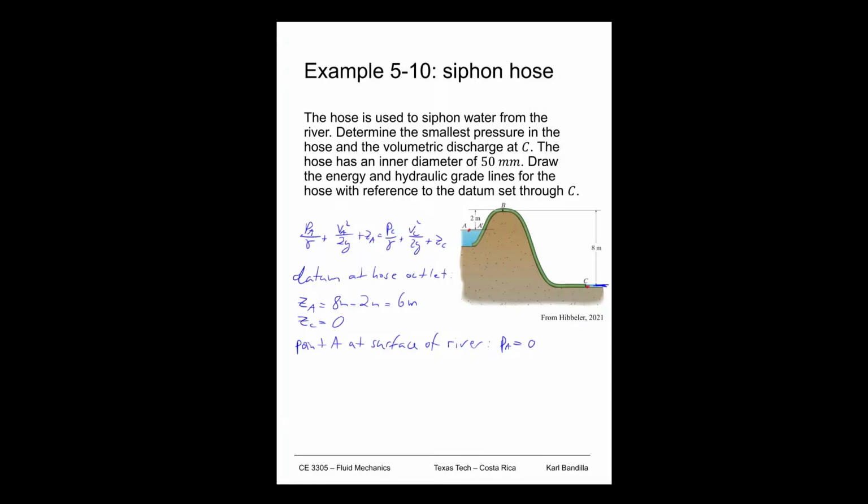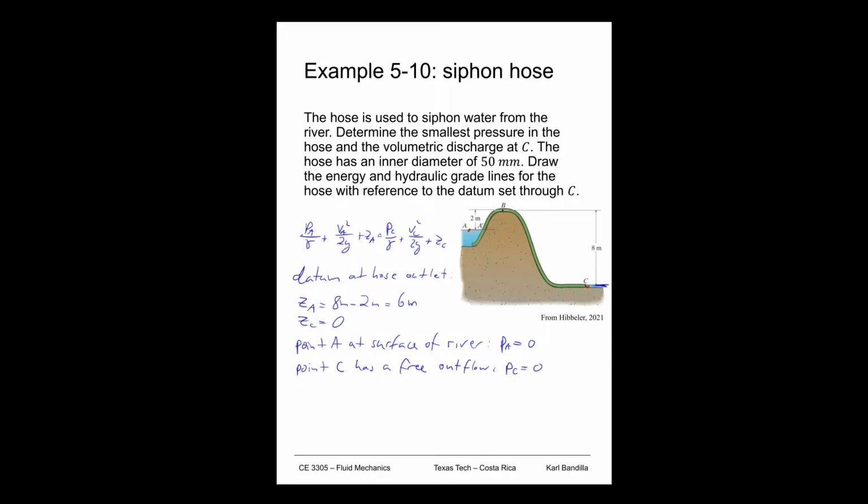Atmospheric pressure means gauge pressure equal to 0. And then we can say point C is free outfall. All right, that means the water is just flowing out there. It's not flowing into anything. Free outflow, which means it's in contact with the atmosphere, which means PC is also going to be 0.